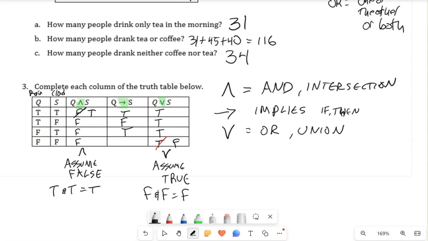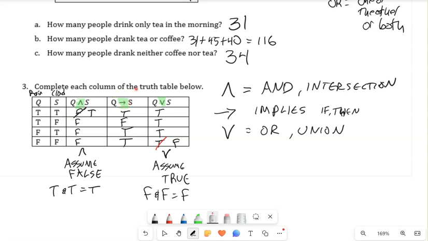So that is fine. And finally, it's not raining and there are no clouds. Wow, beautiful day. The only one that doesn't make sense is it's raining and there are no clouds. That's just not logical.